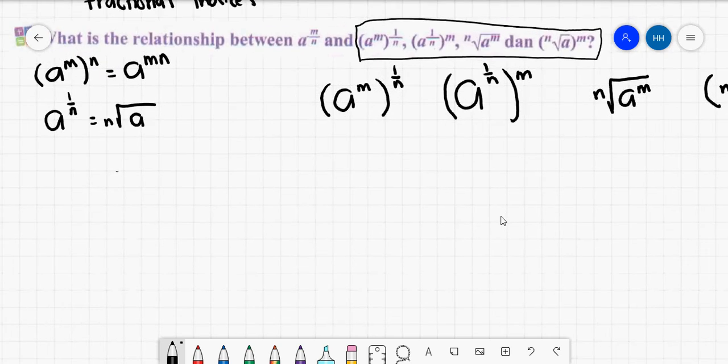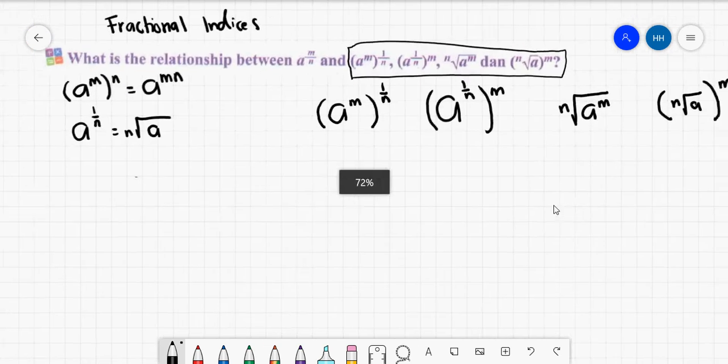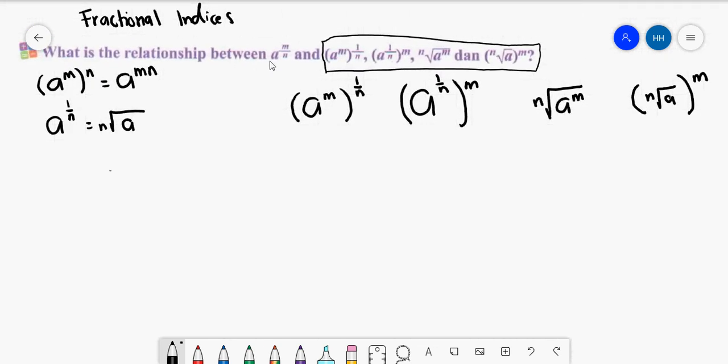To tell you, a to the power of m over n is actually equivalent to all these forms. The value of a to the power of m over n is equal to all these forms that I wrote here. Why? How? Let's prove it.